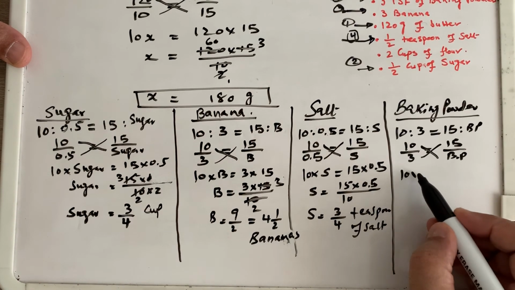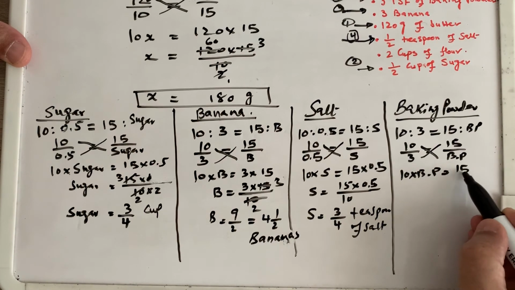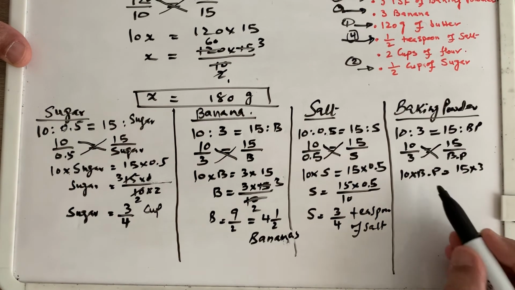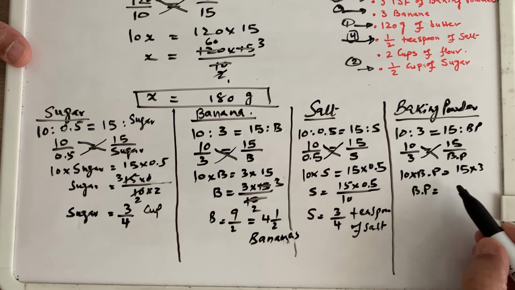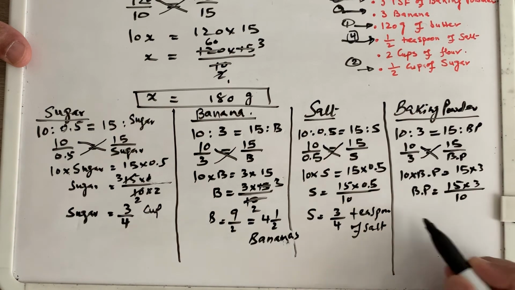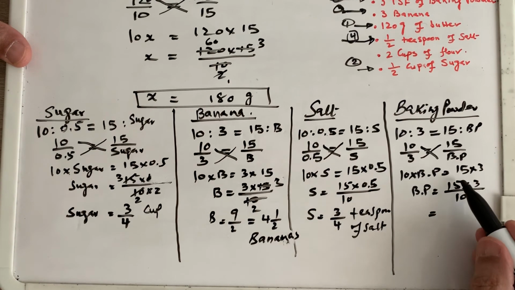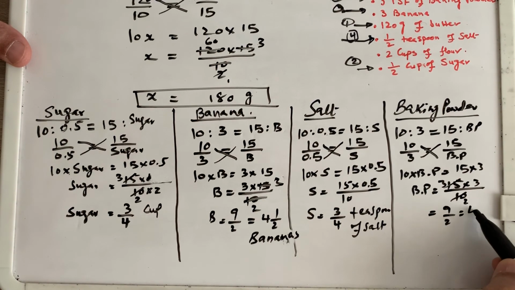So 10 times baking powder is equals to 15 times 3. Now it is linear. Now 10 is being multiplied with baking powder, which is unknown. So 10 will go to the other side of the equation and sit in the denominator for division. 5 3s are 15, 5 2s are 10. So I get 9/2, which is 4.5.